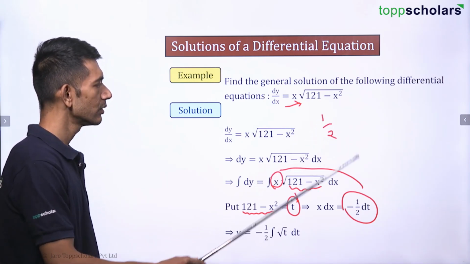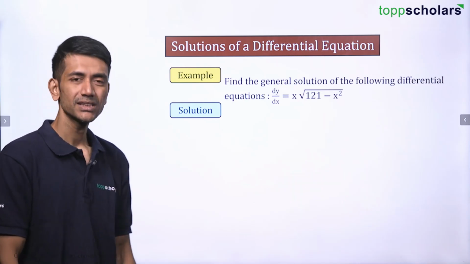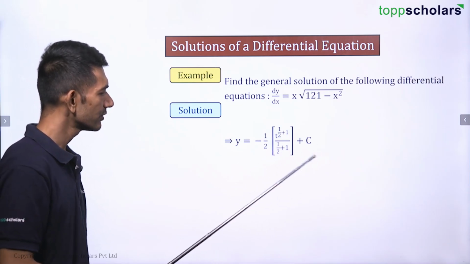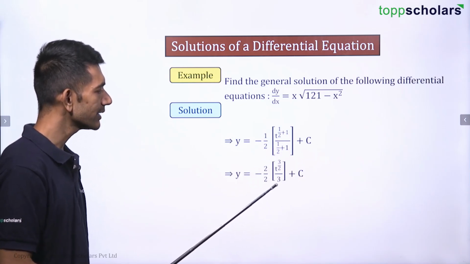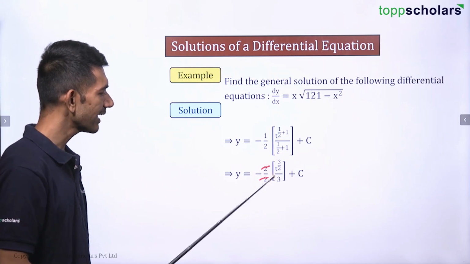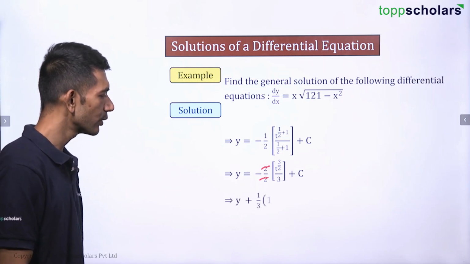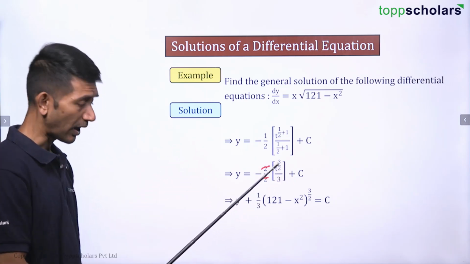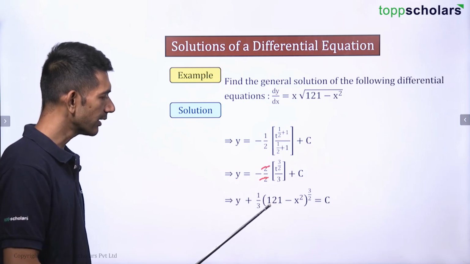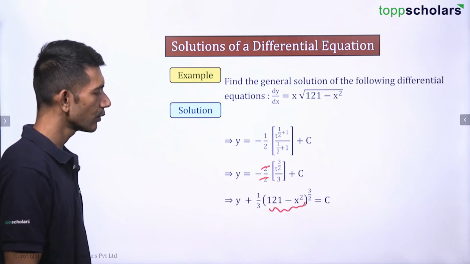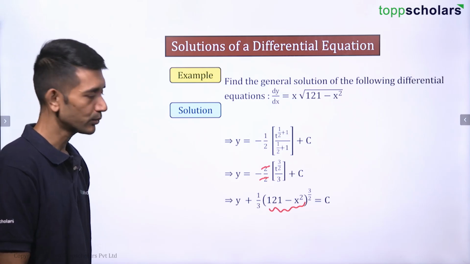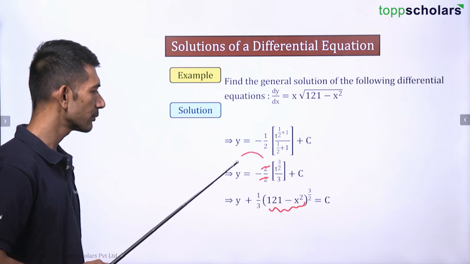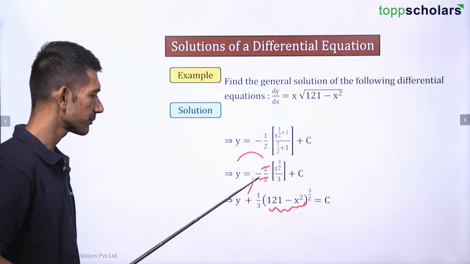That becomes t raised to 3 by 2 by 3 by 2. The 2 will get cancelled, and ultimately you get y is equal to minus of t raised to 3 by 2 by 3 by 2. After cancelling 2, you put the value of t again, and you get 121 minus x square raised to 3 by 2. This is your final answer, correct? Very simple. We have just transposed this term to the left hand side, that is why the minus became plus.